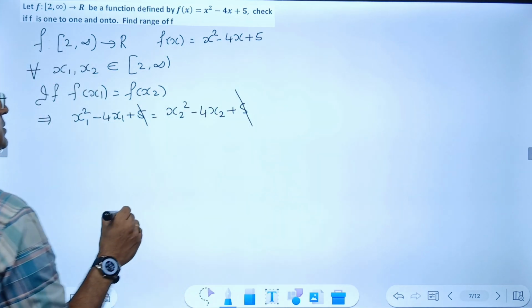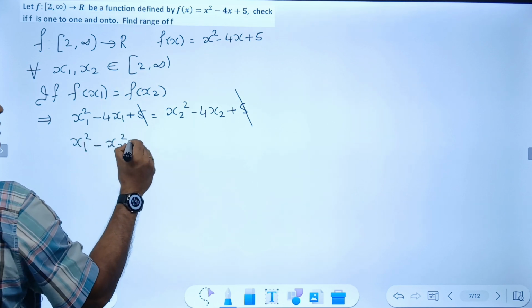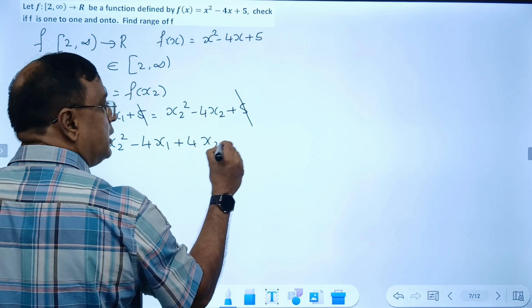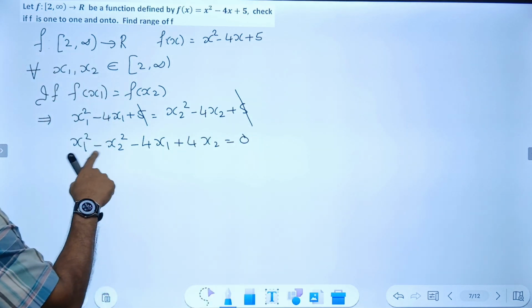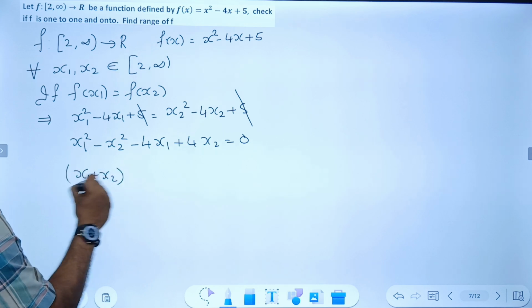The 5 and 5 cancel. I get x1 square minus x2 square minus 4x1 plus 4x2 equal to 0. Now what is this? This is a plus b into a minus b.